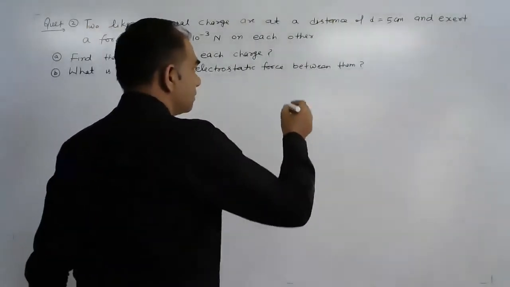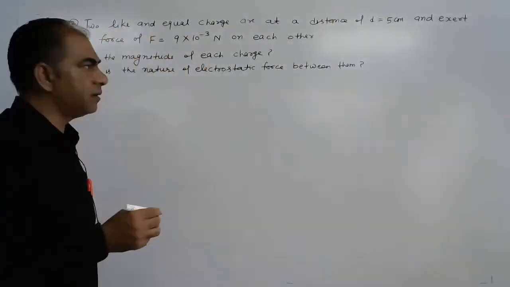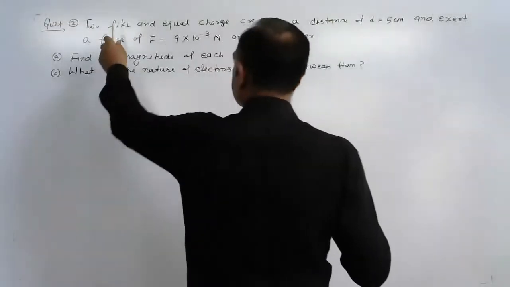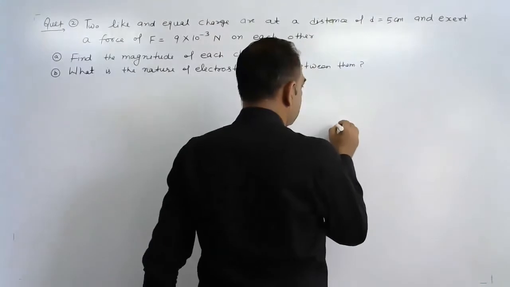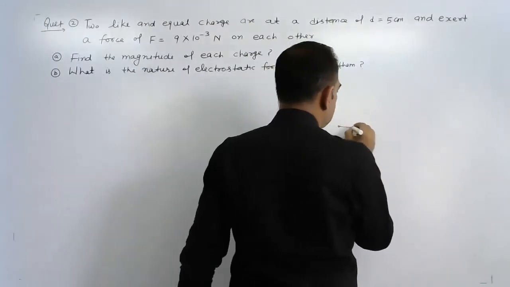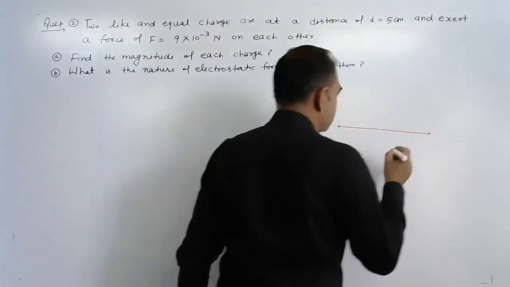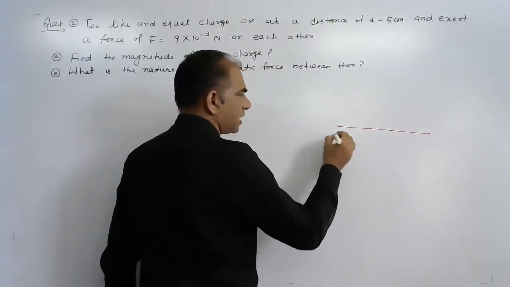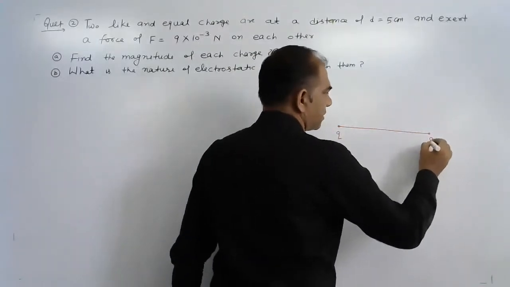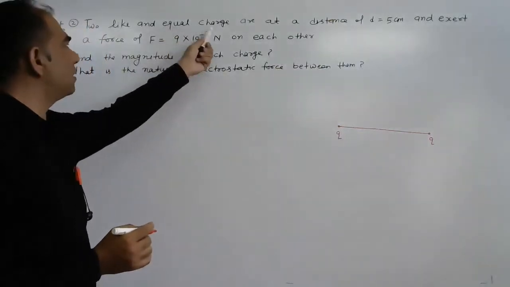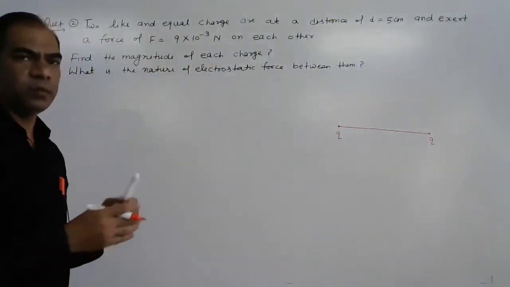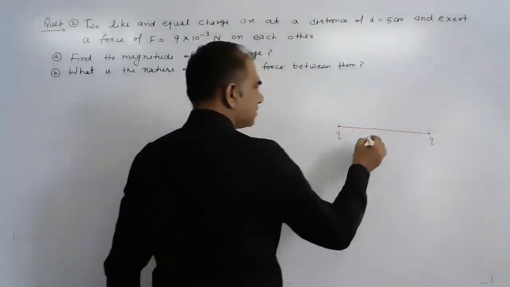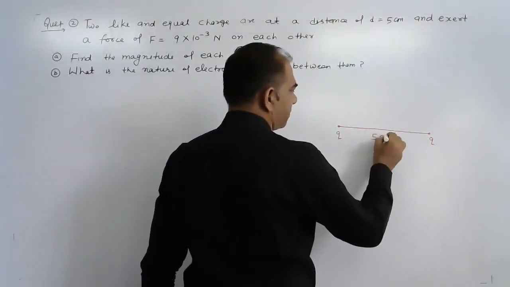Given, first we draw the structure and then easily handle this question. First condition is two like and equal charges, meaning they are separated by some distance, that is 5 centimeter. Here we consider a q charge placed here, and here also a q charge, because they are of equal charge and equal nature, both positive or both negative, and the separation between them is 5 centimeter.